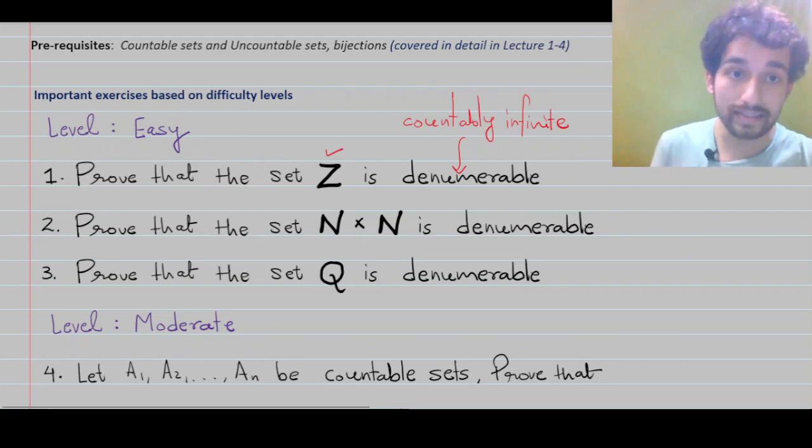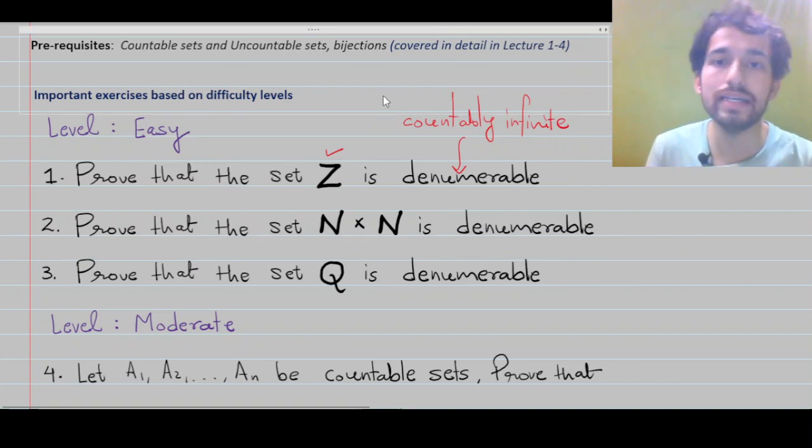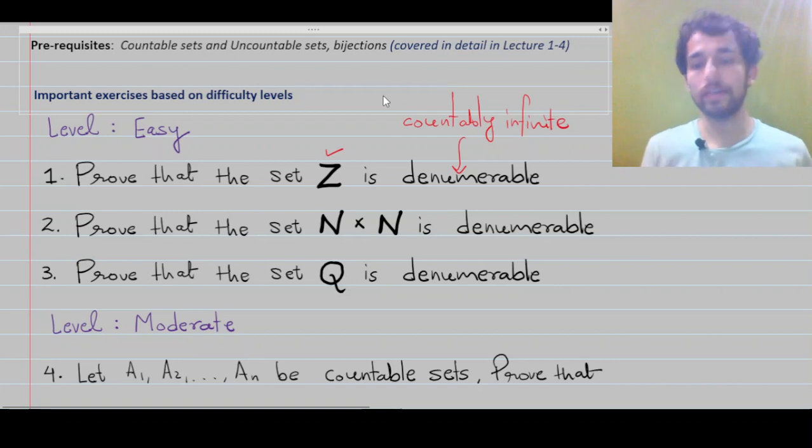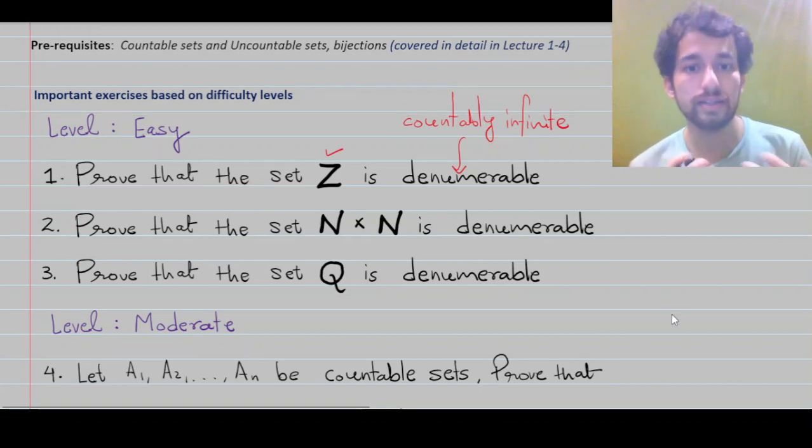I can give you a hint which will be very helpful when you try to prove this problem. There is a notion of partition, which comes when we study abstract algebra.